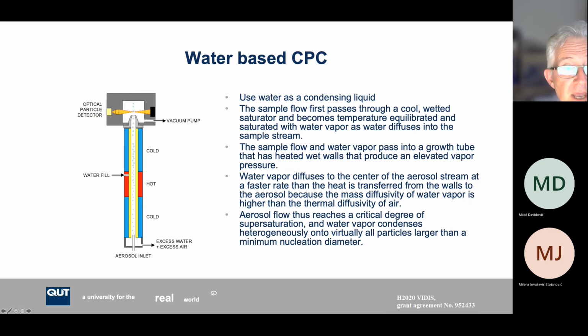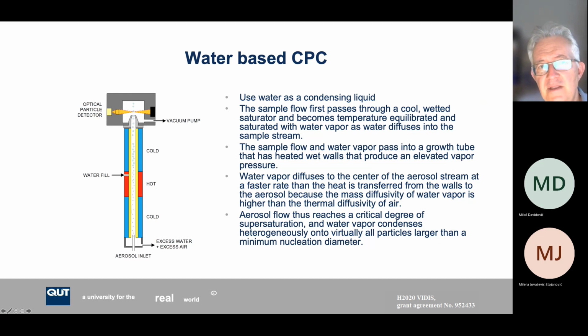And then you quickly cool it down, so you concentrate the water vapor towards the middle of the tube, cool it down, achieve supersaturated conditions, and water starts to stick on these particles and you get these tiny droplets. And again, at the top you have your optical particle detector which measures the particle pulses. Interestingly, these water-based condensation particle counters can go as low as several nanometers.